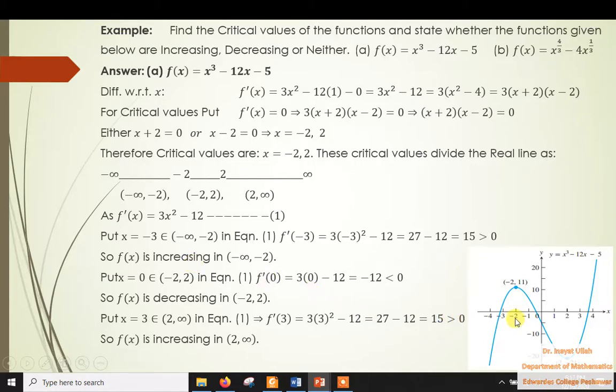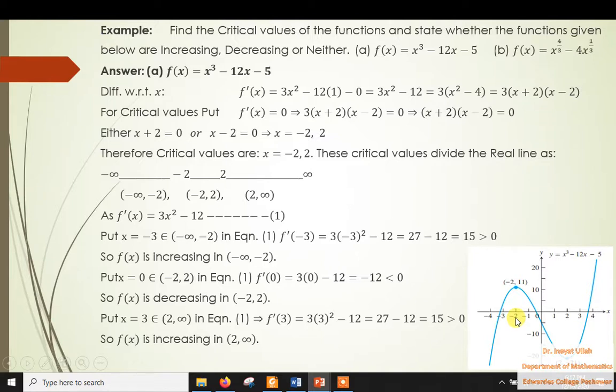Similarly here, between minus 2 and plus 2, if you increase the value of x, the graph of this function goes down and down and down.